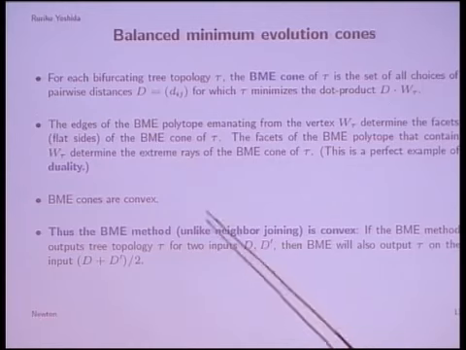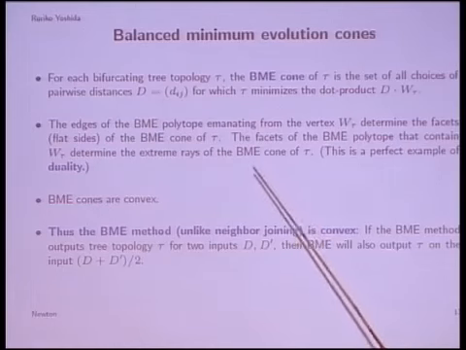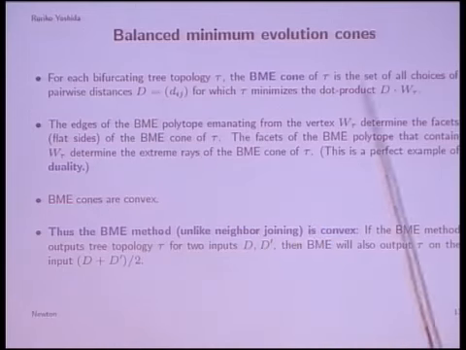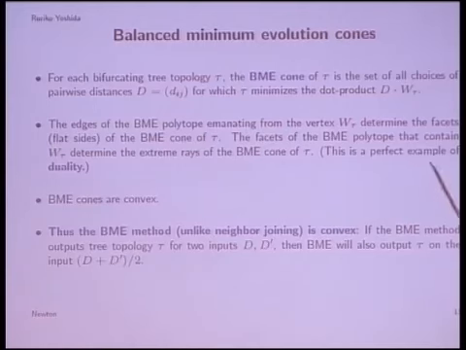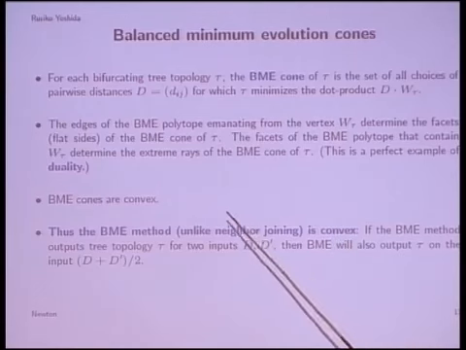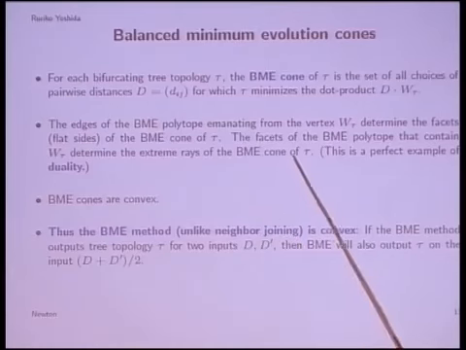And like I said, the edges of the BME polytope from the vertex determine the facets of the BME cone of tau, and the facets of the BME polytope define the extreme rays of the BME cone of tau.